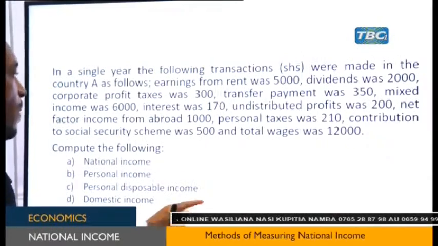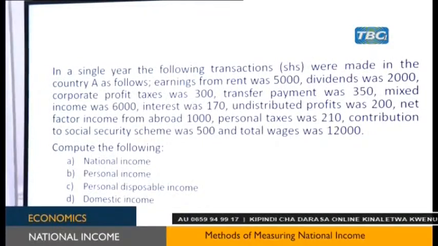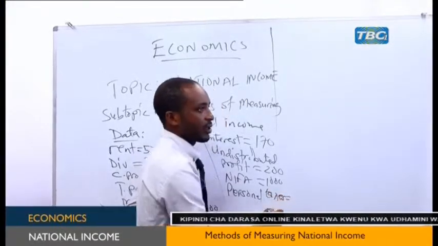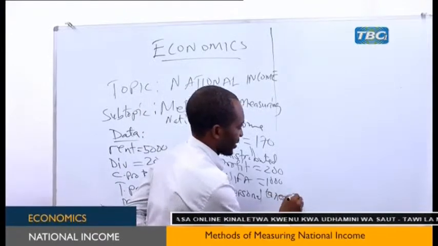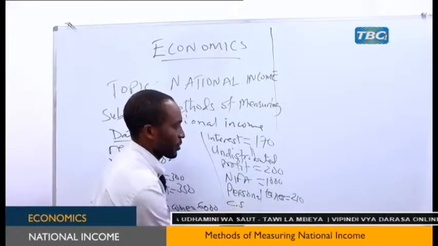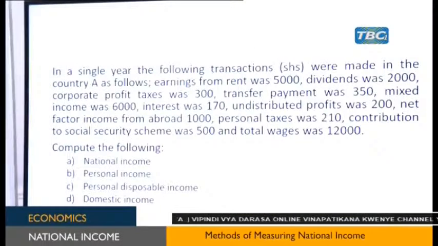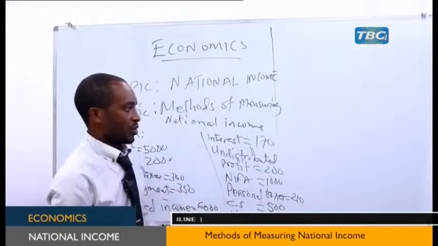Then we are given personal taxes equals 210. Then contribution to social security scheme, which is 500, and wages equals 12,000.